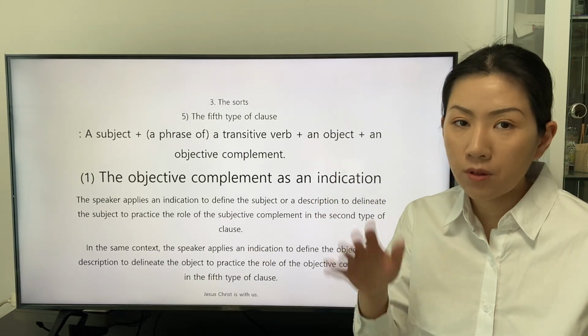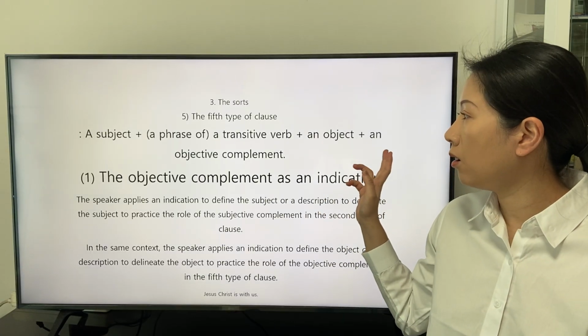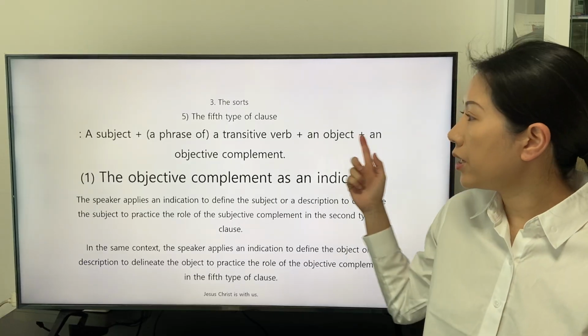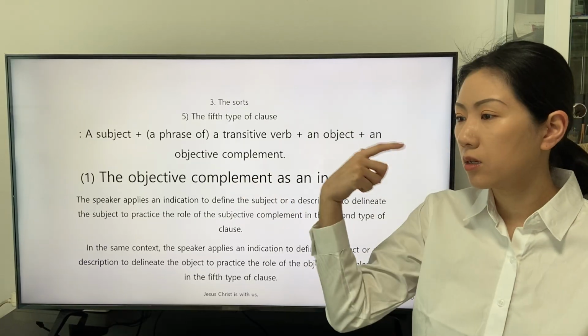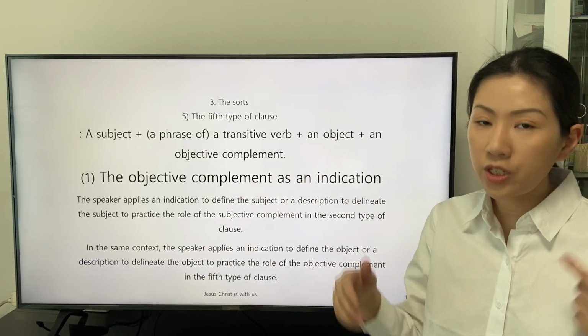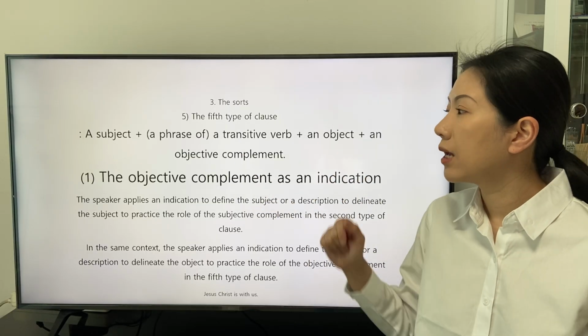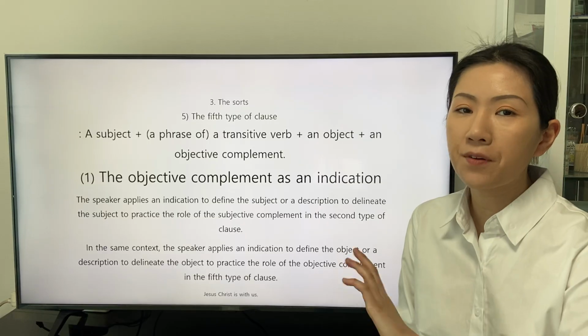In the 5th type of clause, there is an object. The complement describes the condition of the object, so we can call the complement the objective complement.